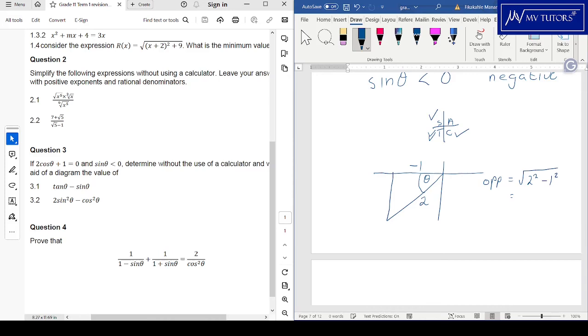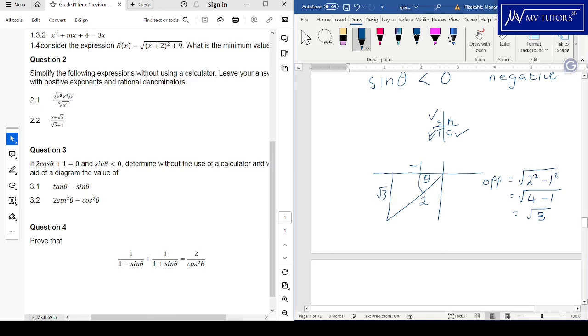So what's 2 minus 1? Right. That's the mistake we make often in the test, don't we? It's 2 squared, which is 4, minus 1. And that's square root of 3. So it's the square root of 3 over here.